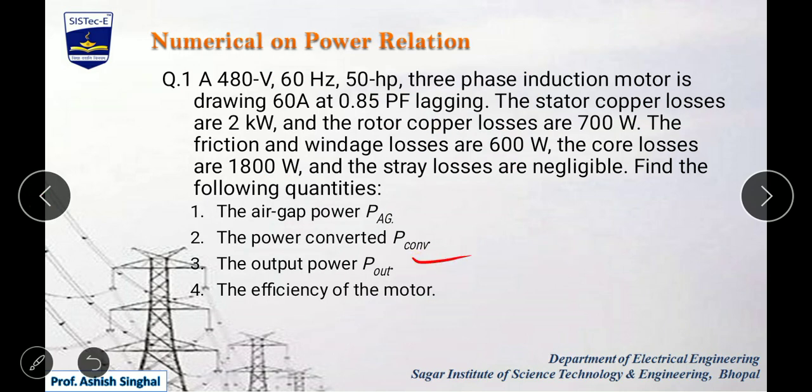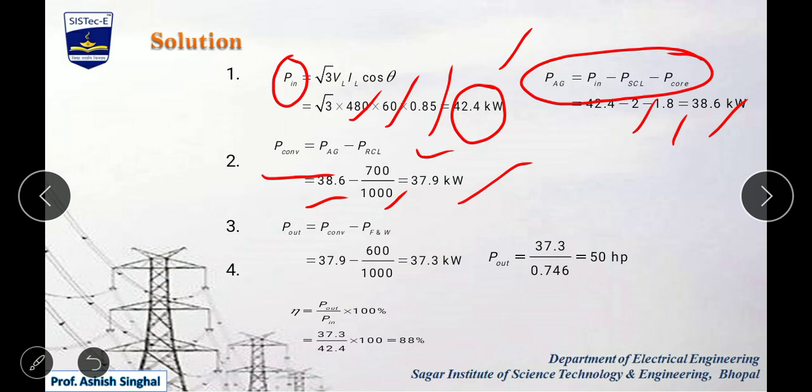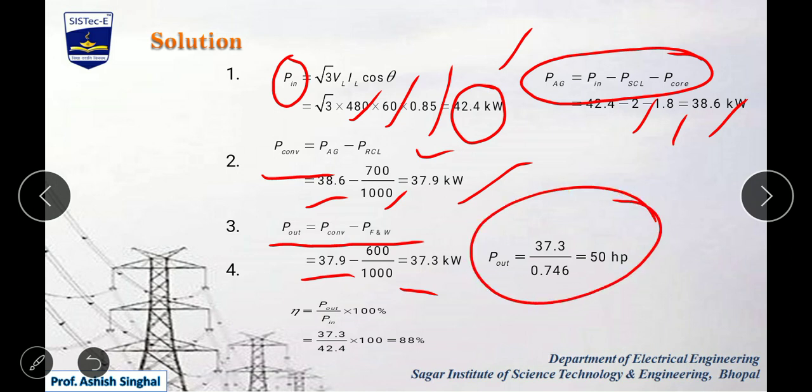Now, this is the output power. Output power is given by this equation: converted power minus friction windage power. Similarly here we can find out the output power.